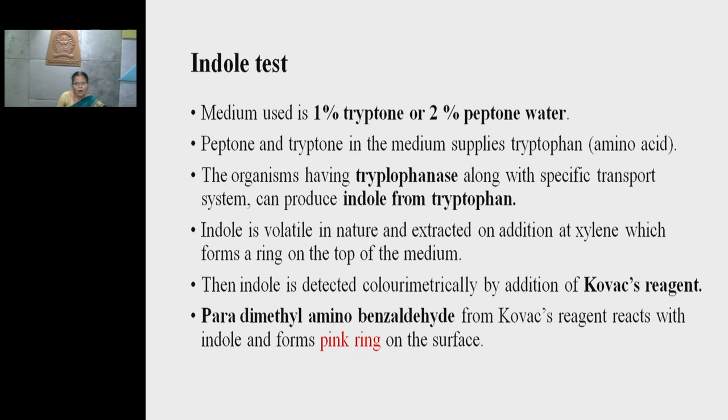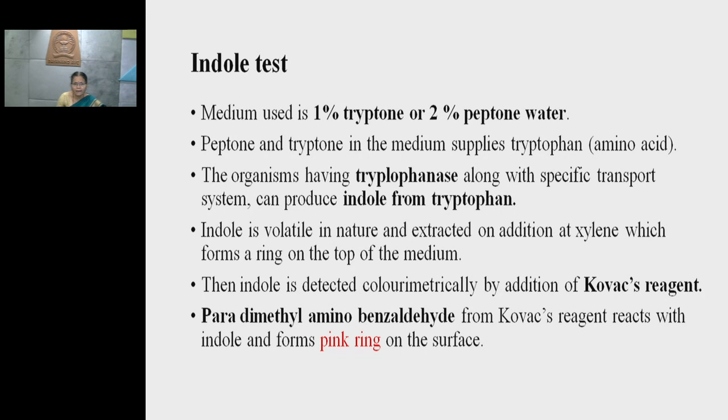So we have to check the presence of the tryptophanase enzyme and production of indole in this particular test. Indole is volatile in nature and is extracted on addition of xylene, which forms a ring on the top of the medium.